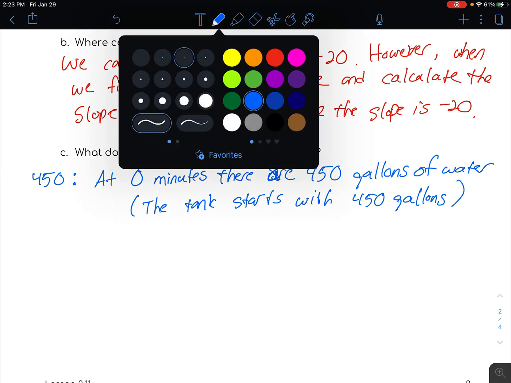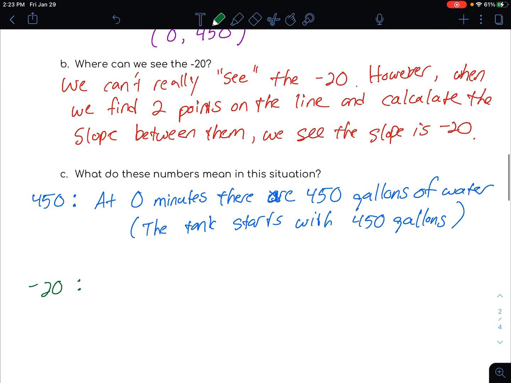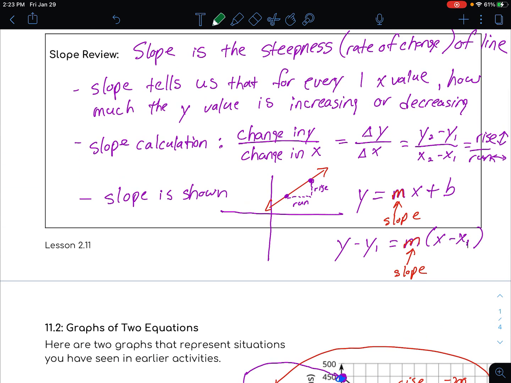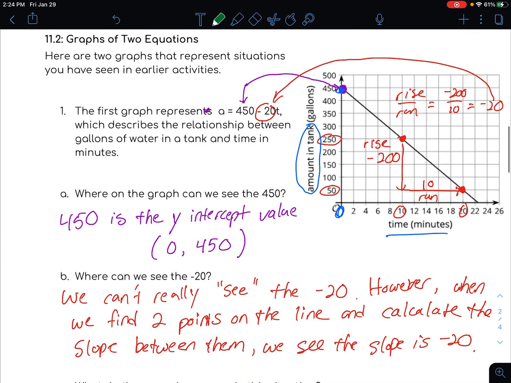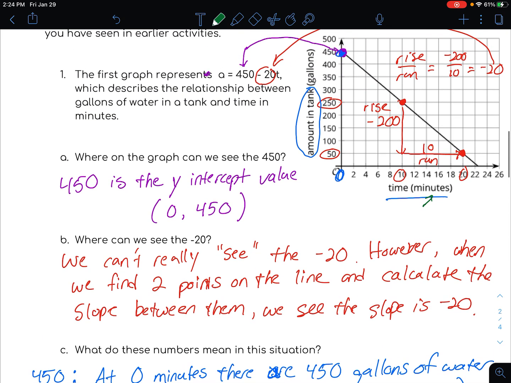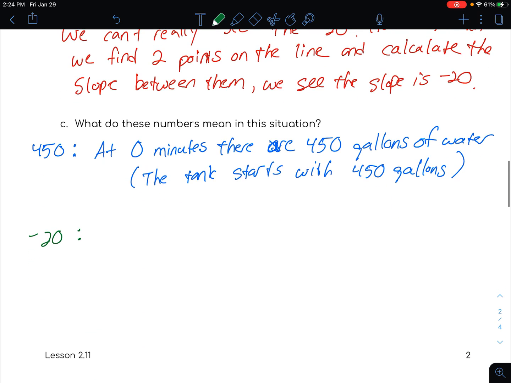Okay, and then the other piece is, what does that negative 20 mean? That slope, what does that mean? Well, we talked about on the previous page that the slope tells us for every one x value how much the y value is increasing or decreasing. So for every one x value, that would be minutes. So for every 1 minute, the amount of water in this case is decreasing, so our line is going down, by 20 gallons.